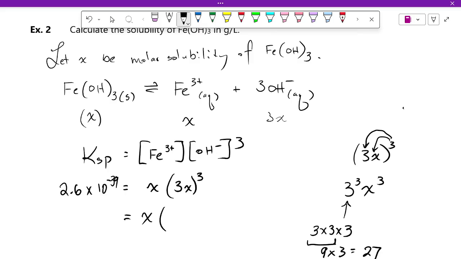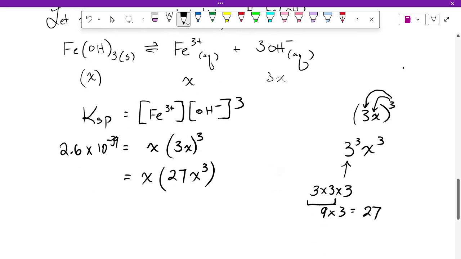So we're going to have x times 27x cubed. And if we have x times x cubed, that is x to the power of 4. So 27x to the 4th is equal to 2.6 times 10 to the negative 39.